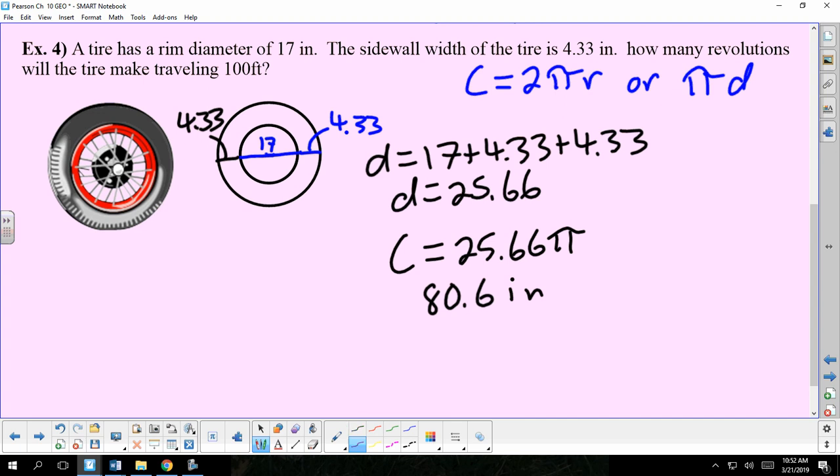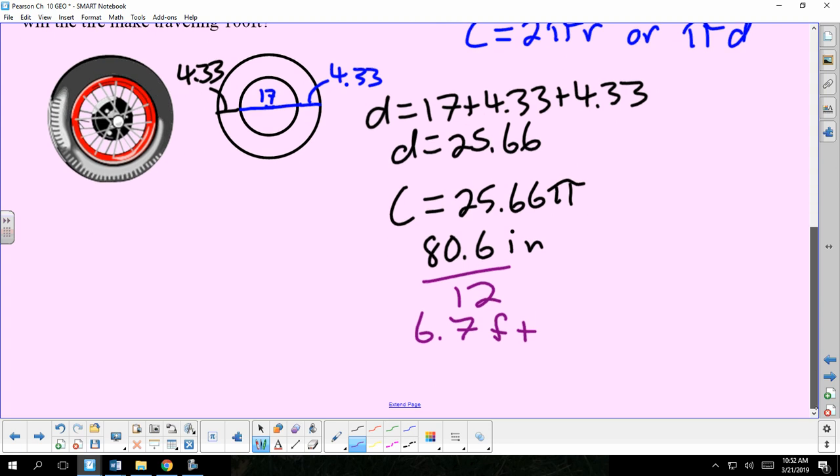Very good. I'm going to divide by 12, and this will give me the number of feet the circumference of the tire is. So I get 6.7 feet. And then how many revolutions in 100 feet? I'm just going to take 100 and divide it by 6.7.